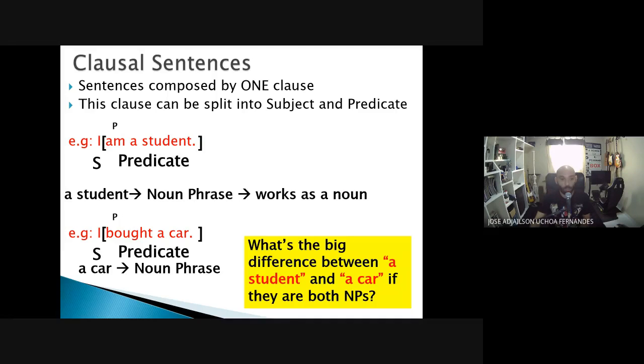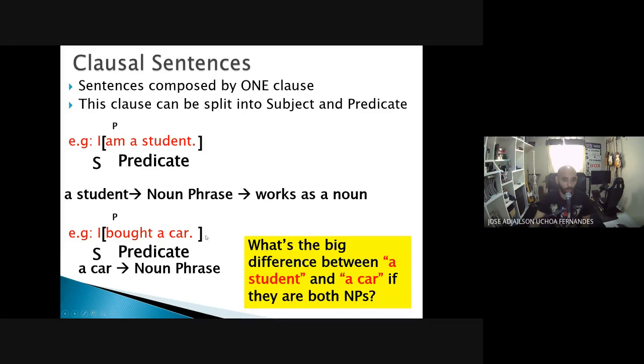If I say, I bought a car that is red. Let me find the pen. I bought a car.